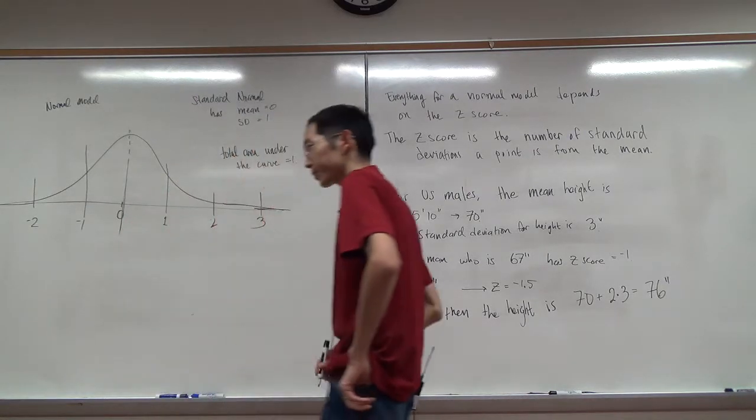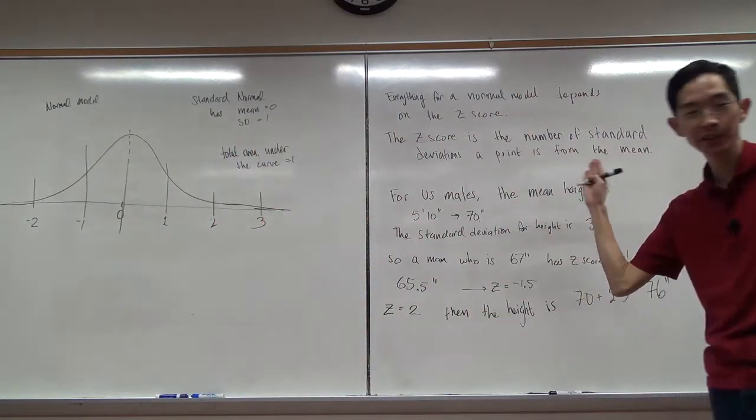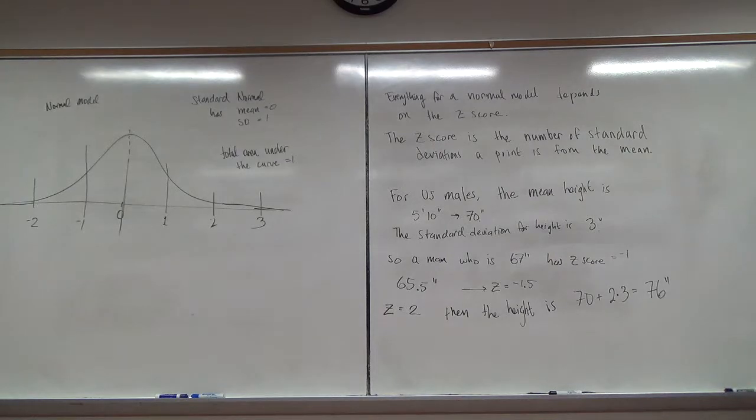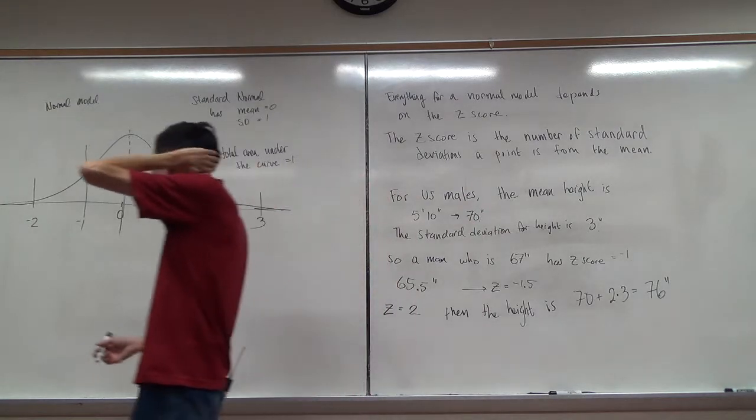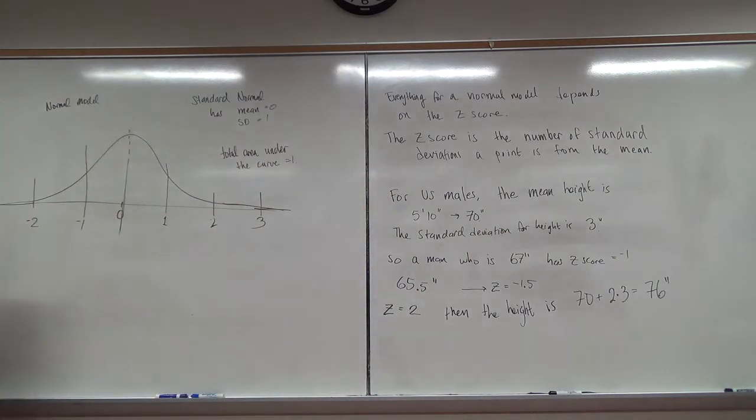If I shade everything to the left of 0, how much would I have shaded? 50%, okay, 0.5. All right, so this is what we call the empirical rule.